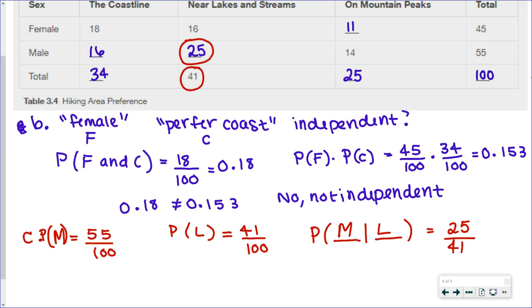So we're not looking at the entire total 100, we're only looking at the lakes and streams, which is 41. And then the third thing is, is the sample space for this problem all 100 hikers? And it's not, because it specifically tells us that it's only out of those people who like lakes and streams.